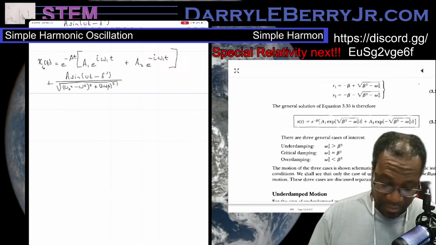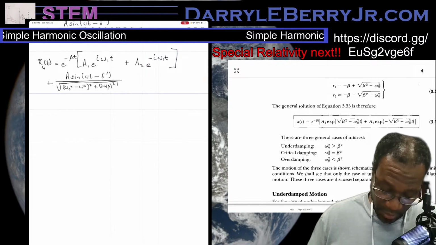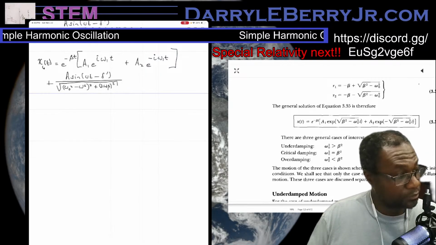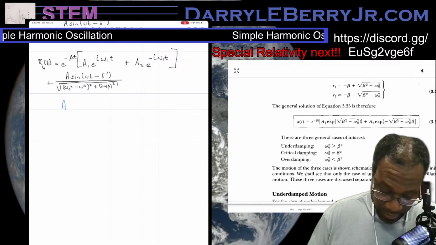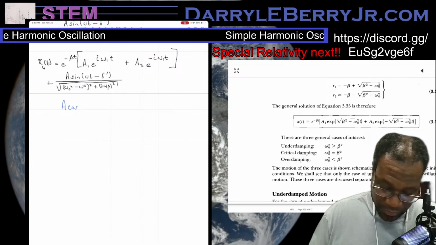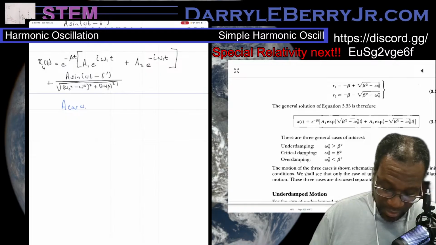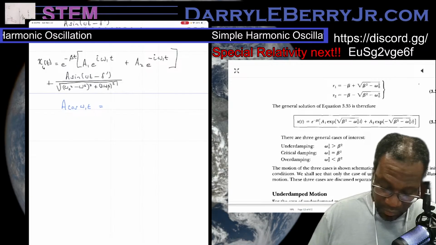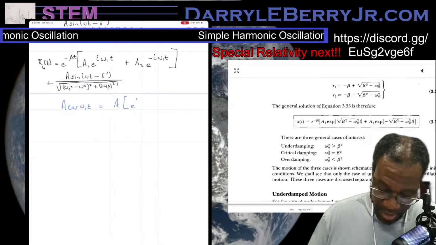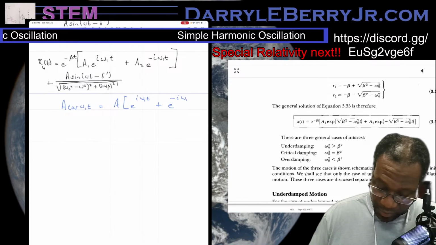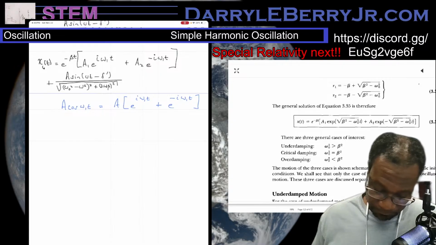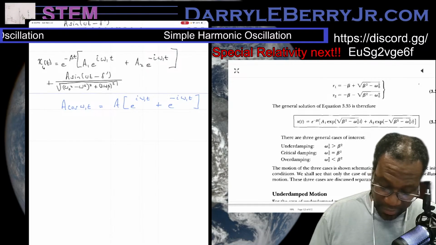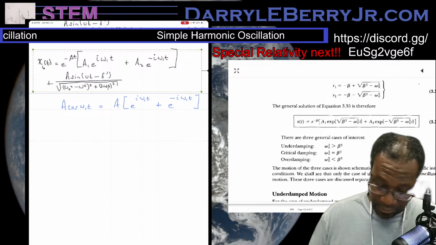And what we have is this: A cosine omega 1t equals A times e to the i omega 1t plus e to the minus i omega 1t. Right? So what we can do is go ahead and substitute that in.